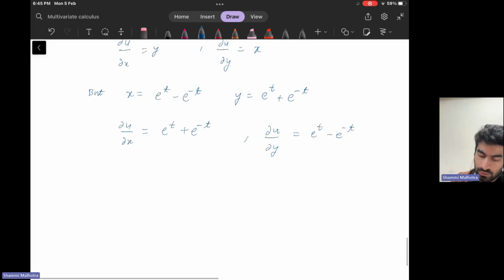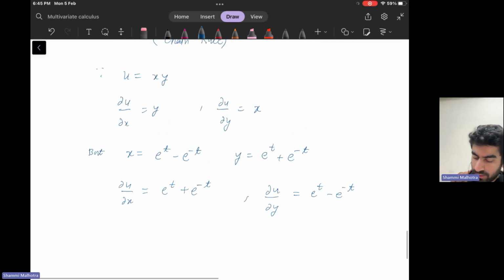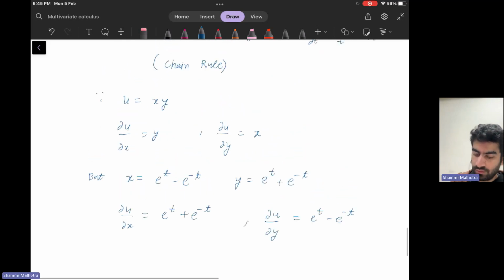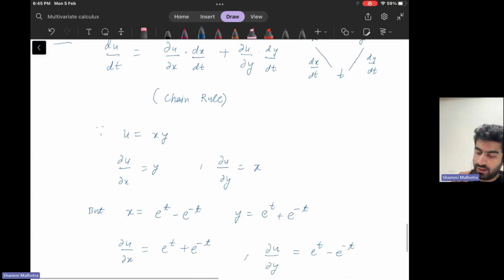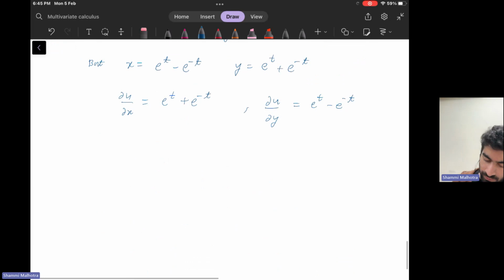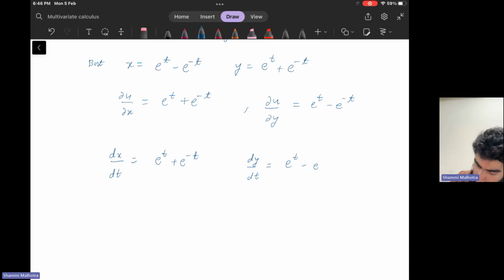Okay, so I got my partial derivatives of u with respect to x and y, and I have to find dx by dt and dy by dt. So let's find dx by dt. This will be e raised to the power of t plus e raised to the power of minus t, and similarly dy by dt would be e raised to the power of t minus e raised to minus t.